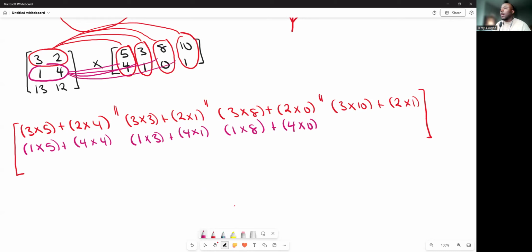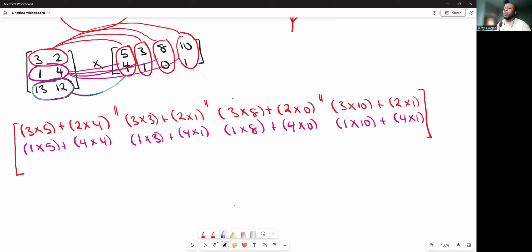We're going to go to the last one, which is going to become 1 times 10 plus 4 times 1. We're done with that. Then we're going to go to the last. So remember I said in the rules, you have to keep going till you're done with all of that. So we'll now go to this one.